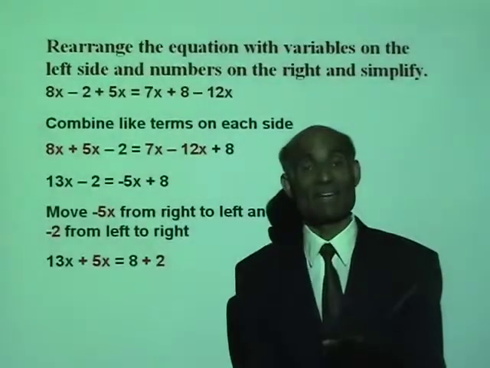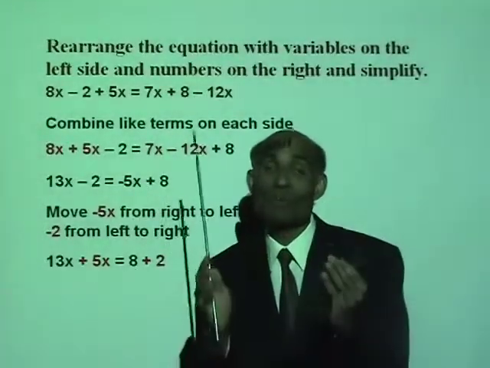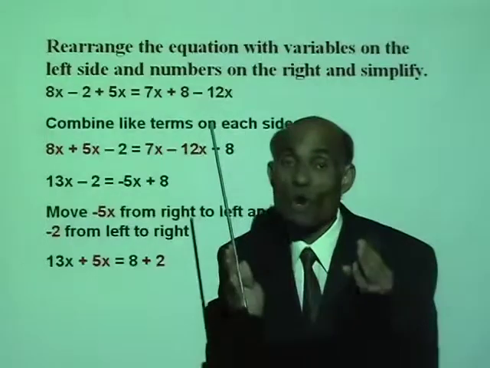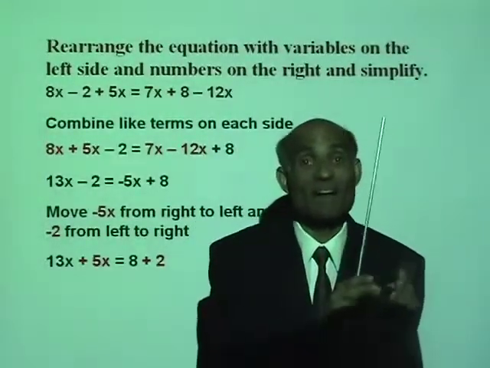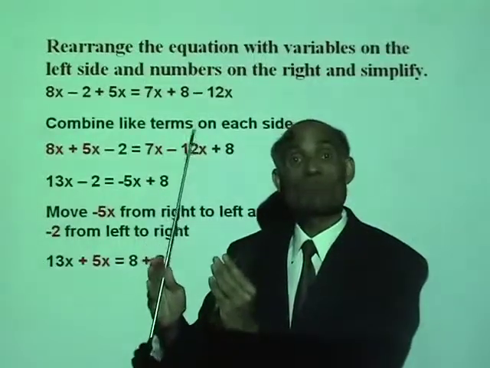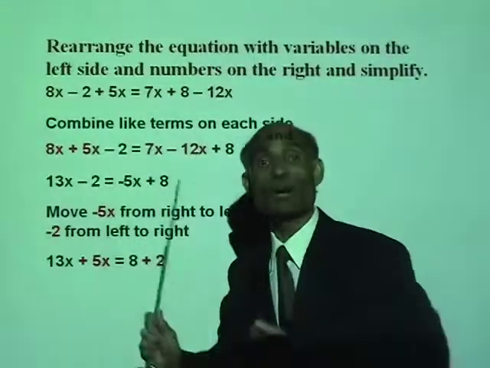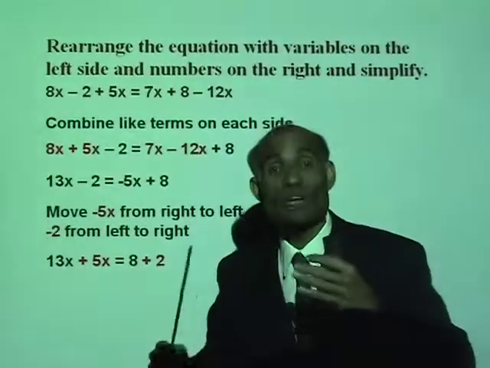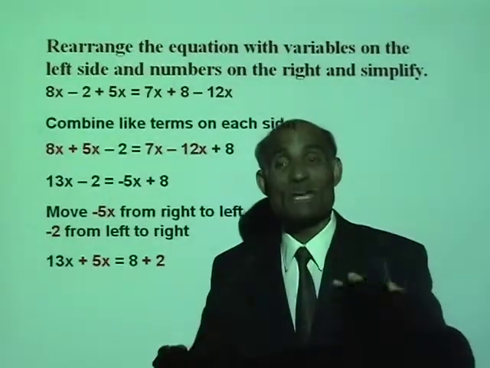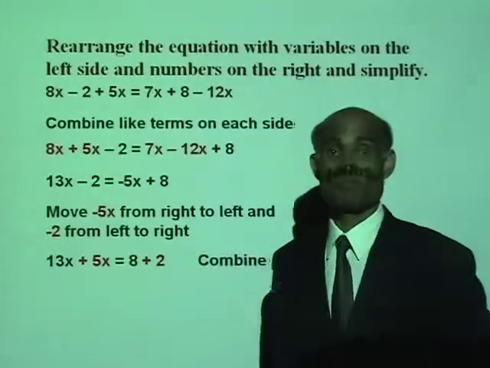Look at that. Now, in doing so, we have grouped all the terms containing the variables on the left side and the numbers only on the right side. And this is one way we will rearrange the equation to make it easy to solve.